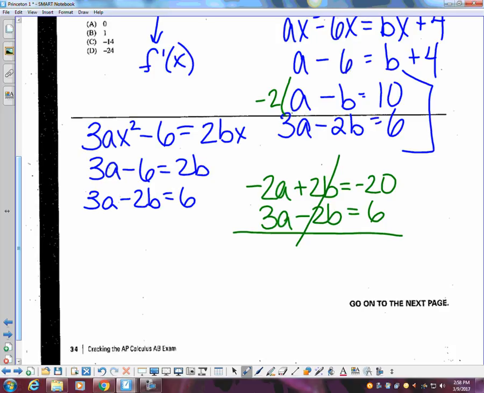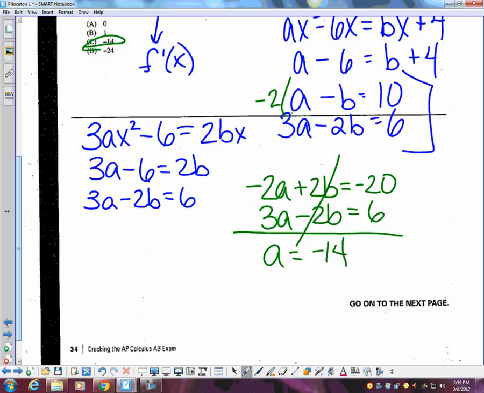Then a negative 2a and a positive 3a gives me a equals negative 14. You can do it. Okay, is everybody crystal clear on what differentiable means?